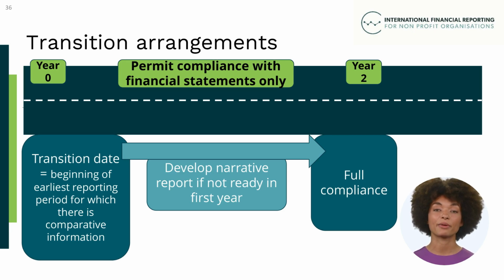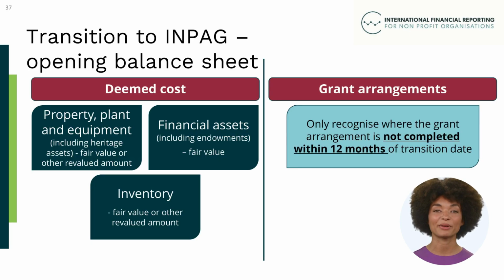Section 38 also allows those NPOs that are not yet able to express compliance with INPAG to explain whether they have adopted any parts of INPAG and their plans for achieving full compliance with INPAG. All assets and liabilities that are required to be recognized by INPAG must form part of the opening balance sheet.